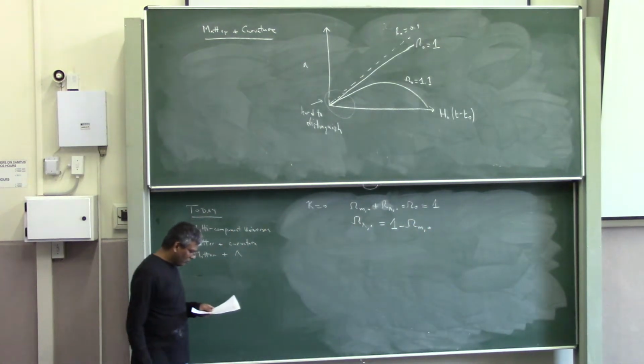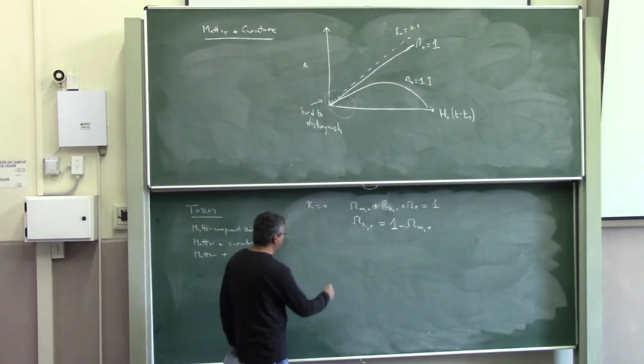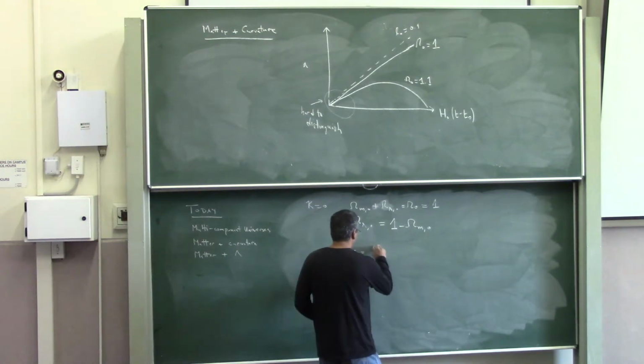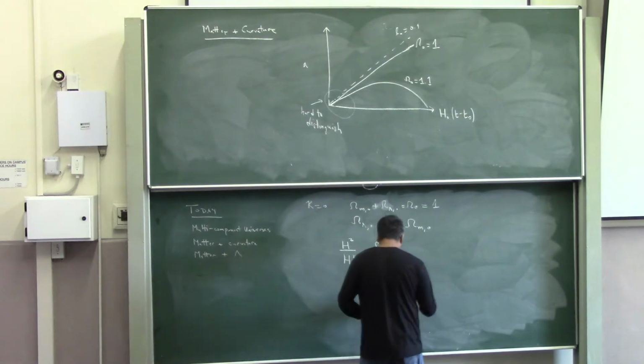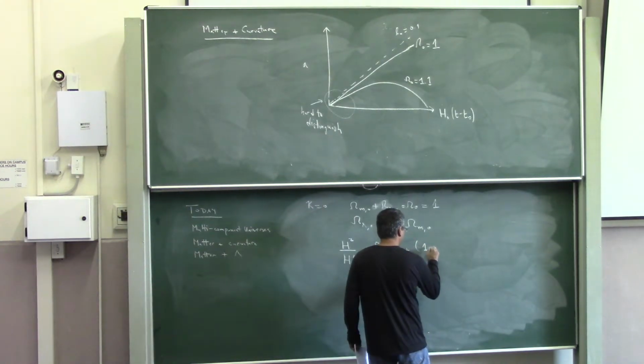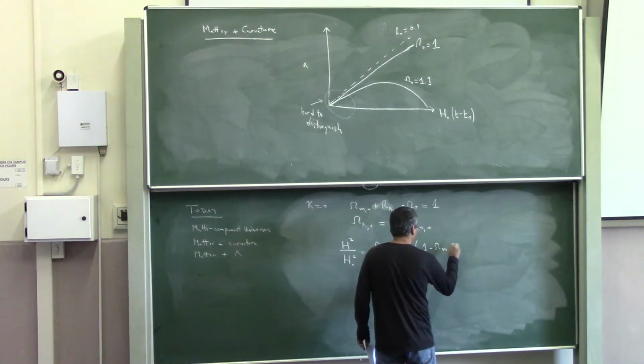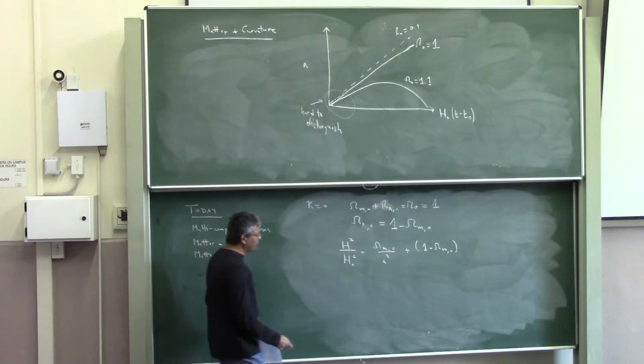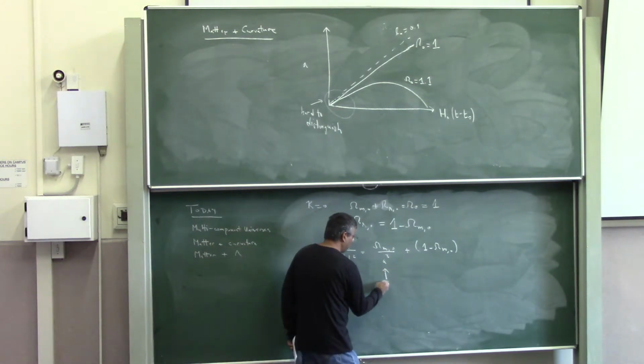Okay, so the Friedmann equation is H squared over H0 squared is omega m0 over a cubed plus omega lambda 0, which is 1 minus omega m0. So this term here is always positive.